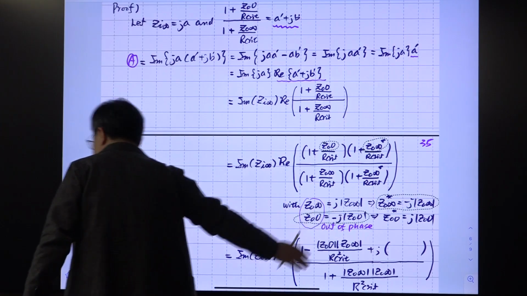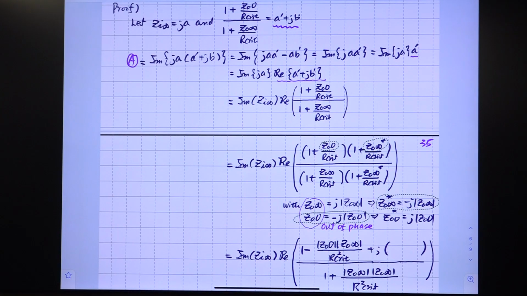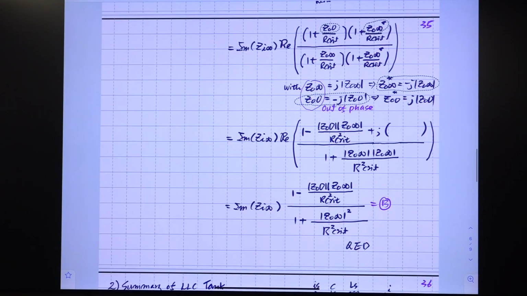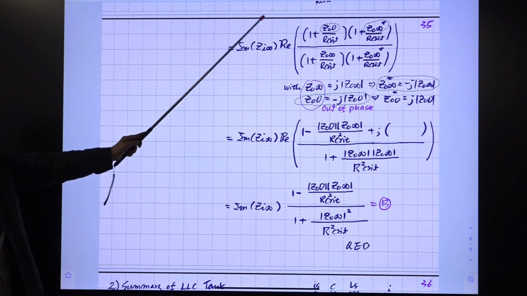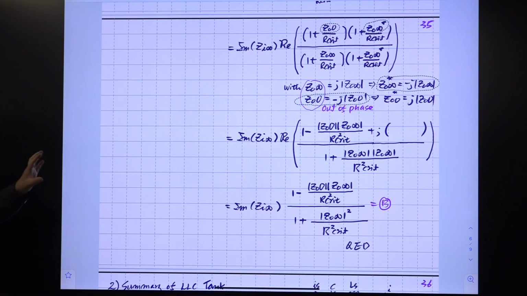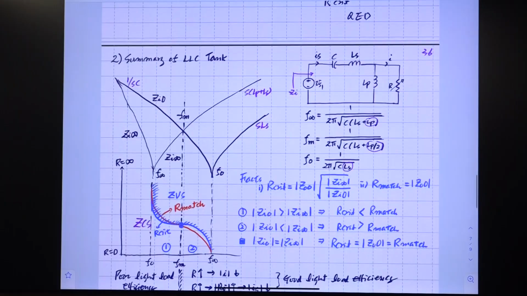So just take the real part of it, and the real part is this one. This is the B equation. So we prove this, right? So the out-of-phase property is playing the critical role in deriving this equation. Otherwise, it is a very challenging job. To prove this, we proved maybe three things in this section and the previous section. Okay, let me finish up this.